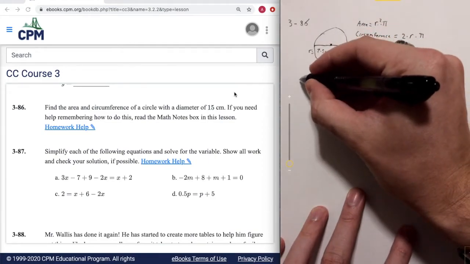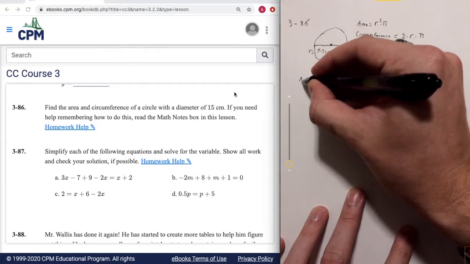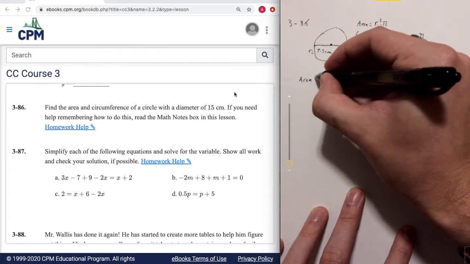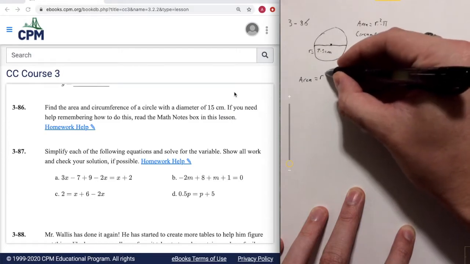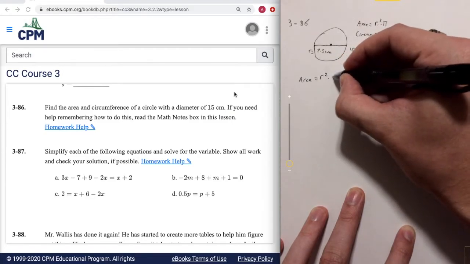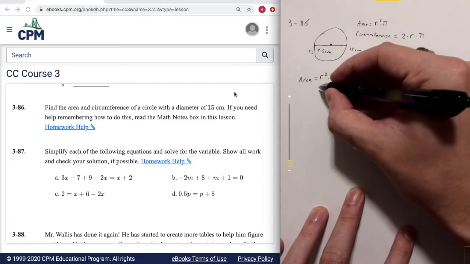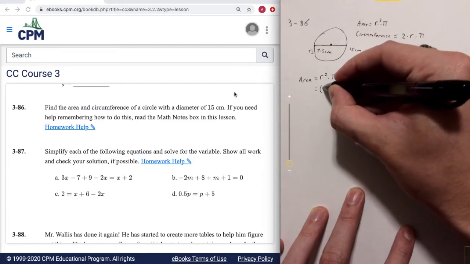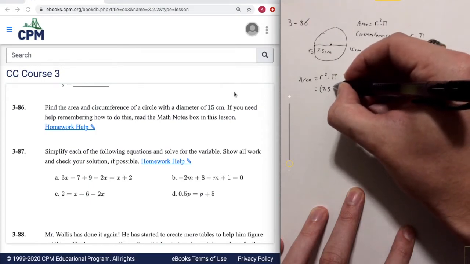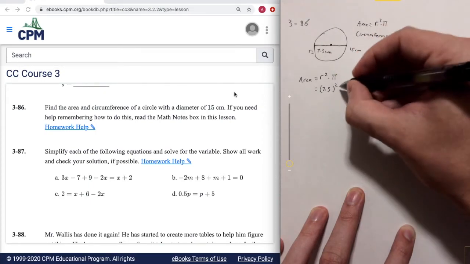So let's start with the area. I'll write it down again here, r squared times pi. We plug in r there, so that's going to equal 7.5 squared times pi.